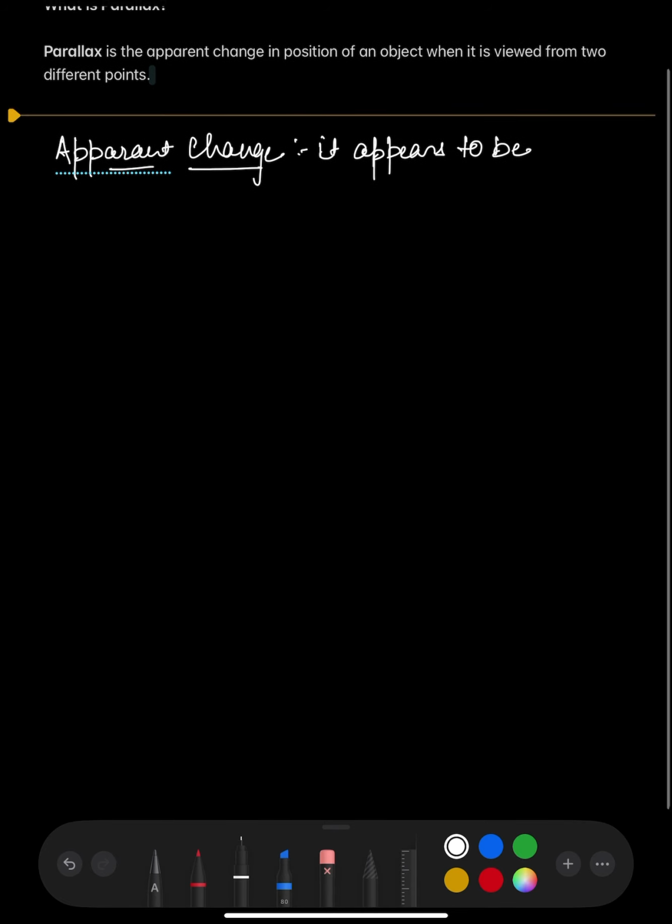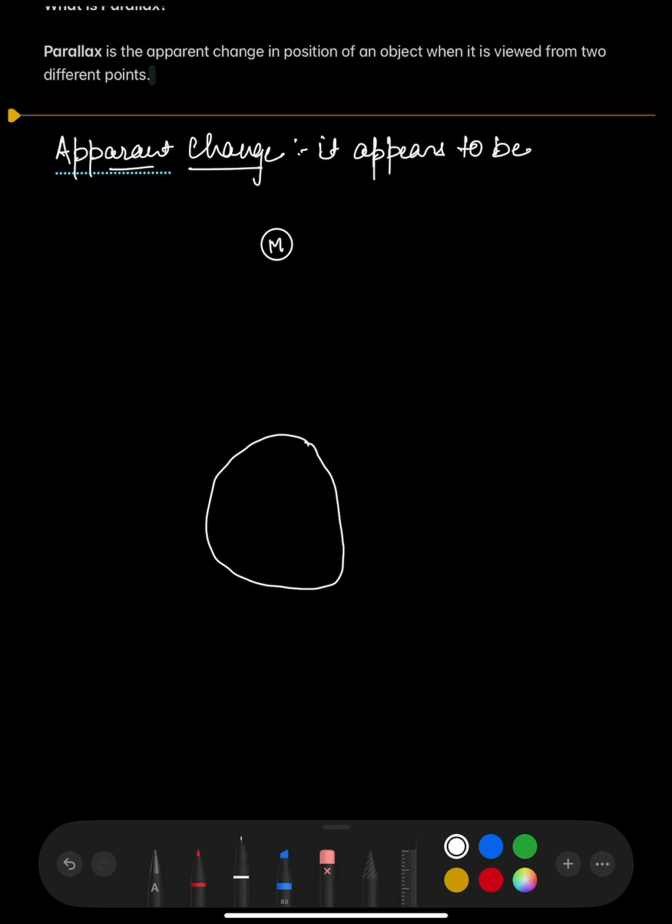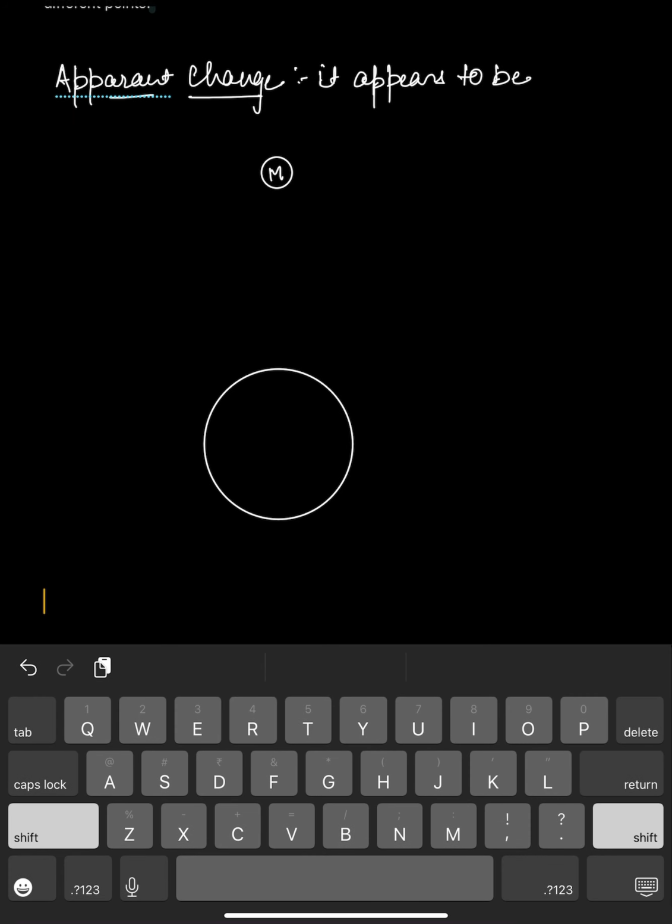Let's say this is the Moon, and this is the Earth. Initially I said that you close one eye and look at the object with the right eye, and another time you close your right eye and look at the object with the left eye.